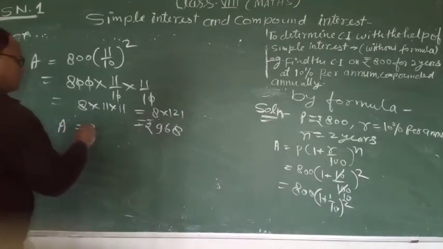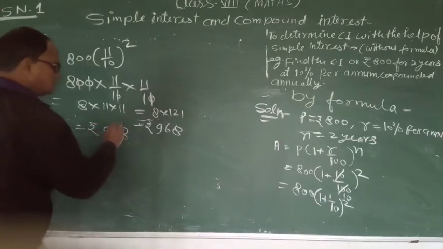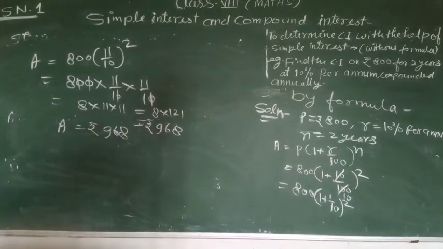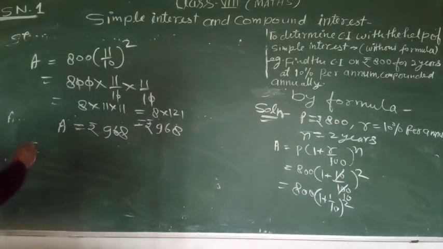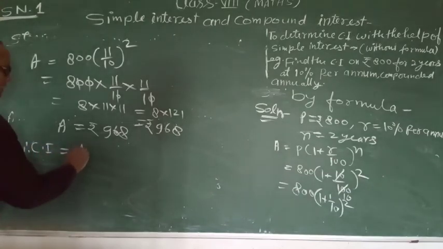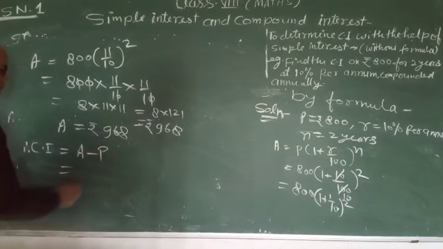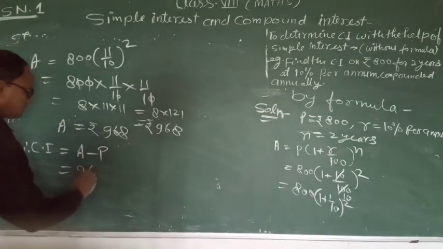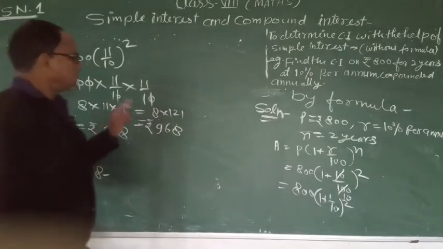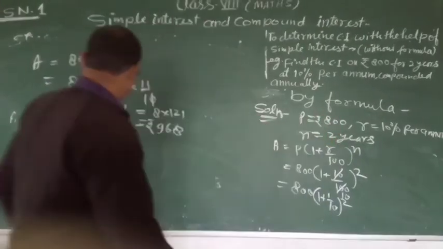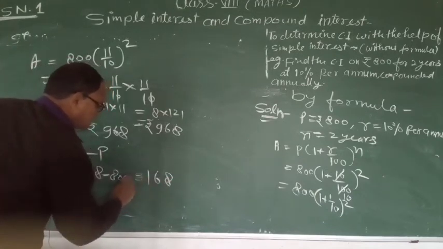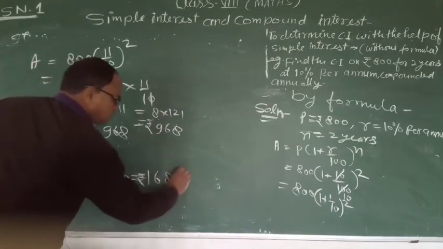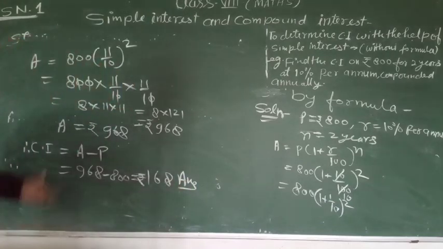Therefore amount is equal to 968. Okay, then after this compound interest is equal to A minus P is equal to 968 minus principal money 800. We get 168, which is answer. Okay, student.